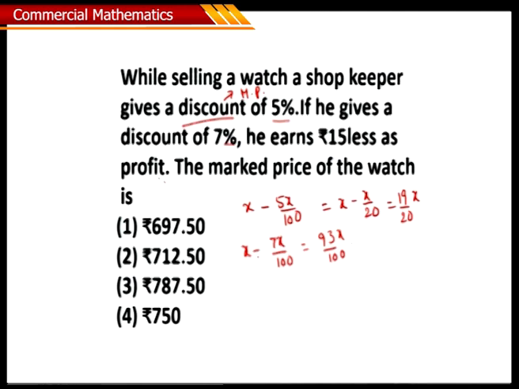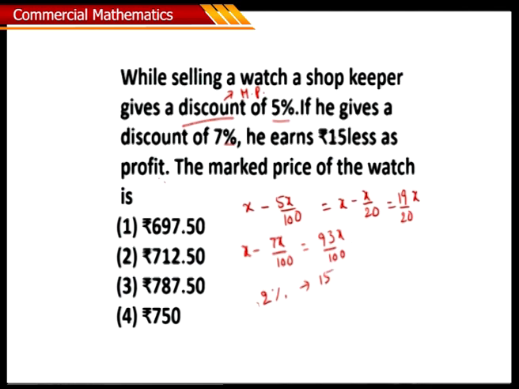Profit is obtained from the market price, whatever the selling price is, the difference of selling price and cost price is the profit. Here after giving a discount you are getting the selling price. When the difference between 7% and 5% is 2%, you are getting 15 less as profit.